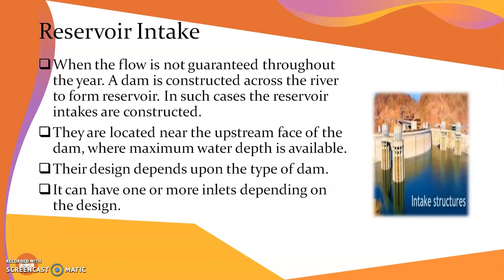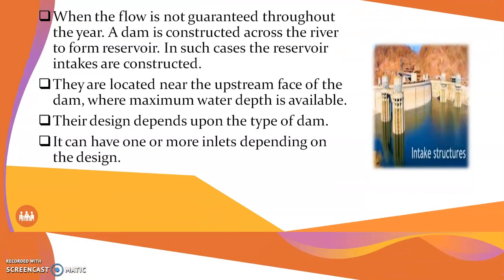Their design depends upon the type of dam. For the gravity dam, the designs are different as compared to the earthen dam. So they are located near the upstream face. It can have one or more inlets depending upon the design of the reservoir intake.